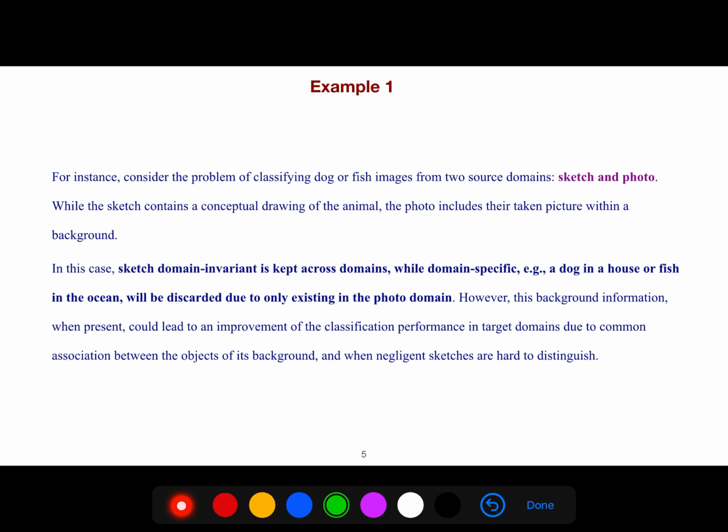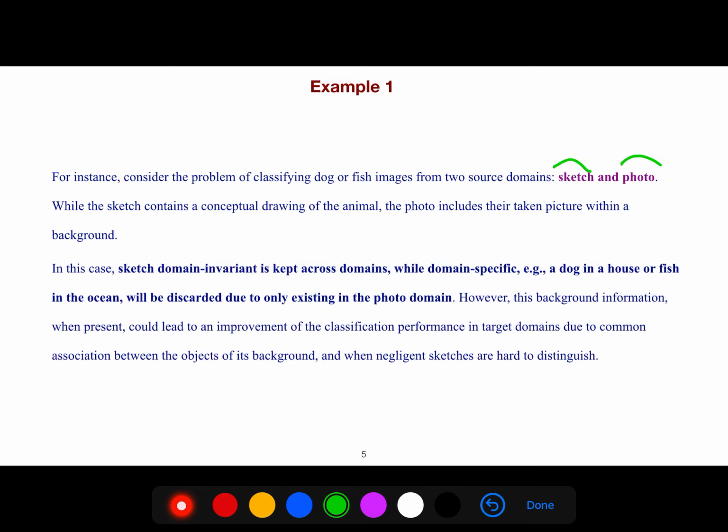For instance, consider the problem of classifying dog or fish images from the two source domains sketch and photo. While the sketch contains a conceptual drawing of the animal, the photo includes the taken picture within a background.